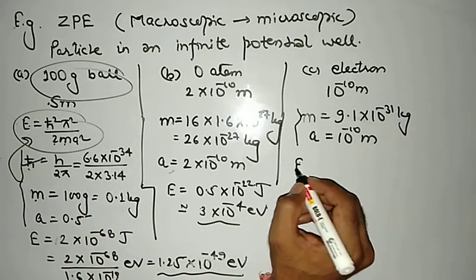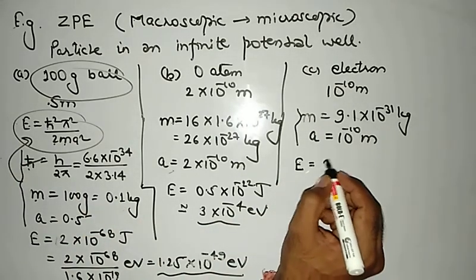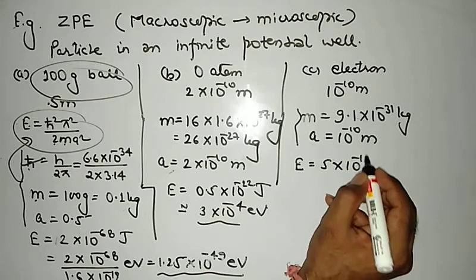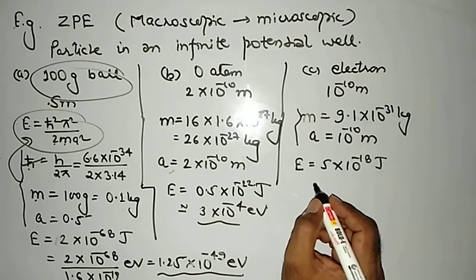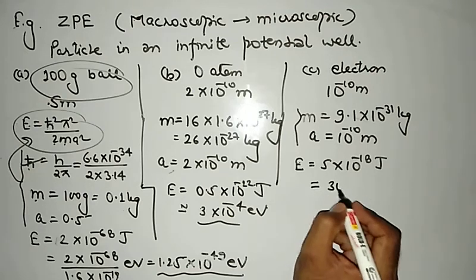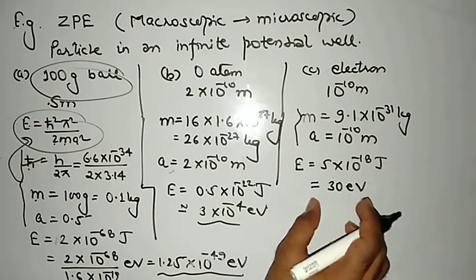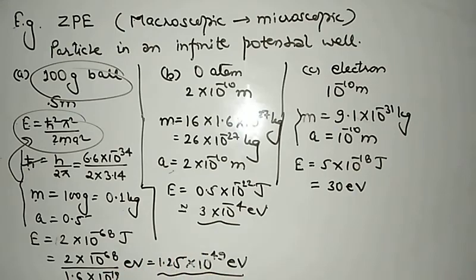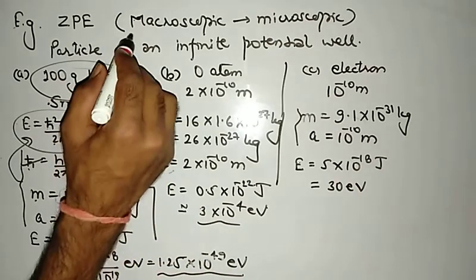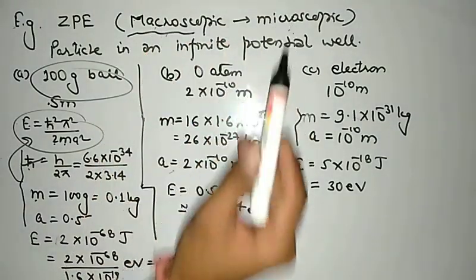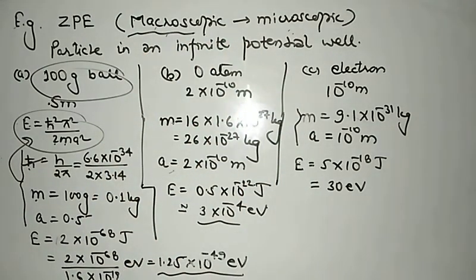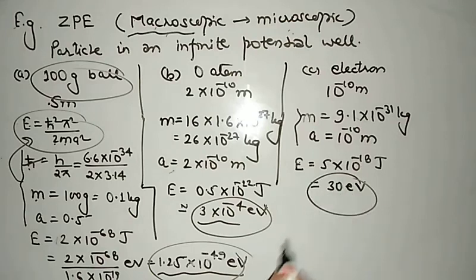So we get zero point energy 5 into 10 power minus 18 joule, which is approximately 30 electron volt. So what we want to show is that when we move from the macroscopic to the microscopic world, zero point energy is of more importance. Yes, we can see this using this data in increasing order.